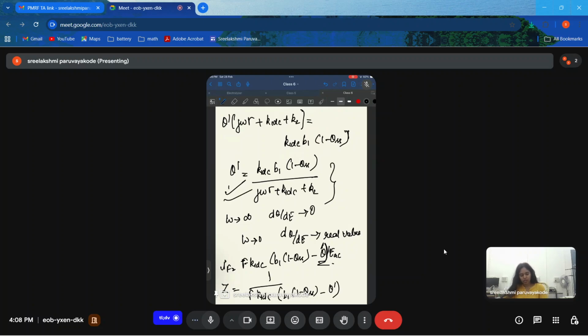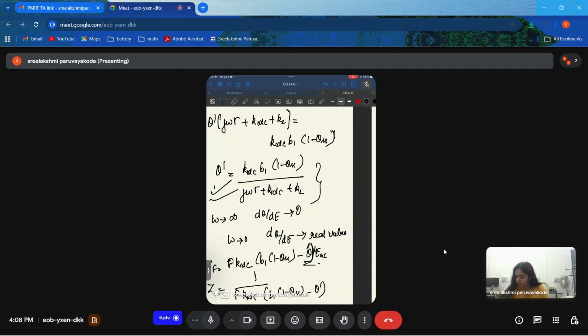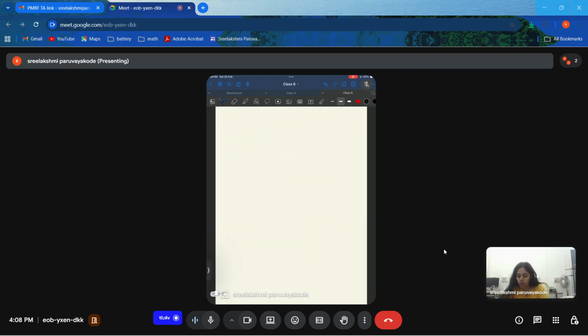So we know the impedance is this one, and when you have both the CDL and the Faraday reaction, it becomes the sum of the Faraday reaction plus 1 by CDL value, right?